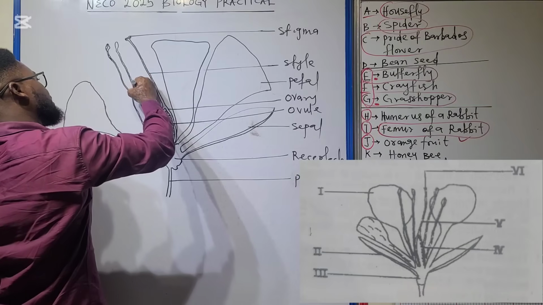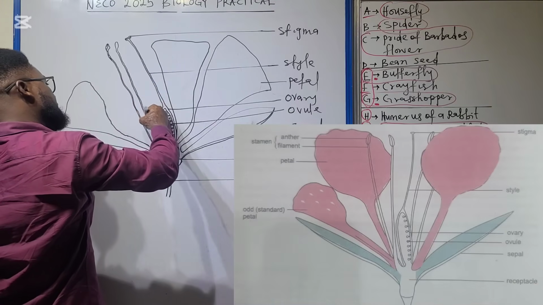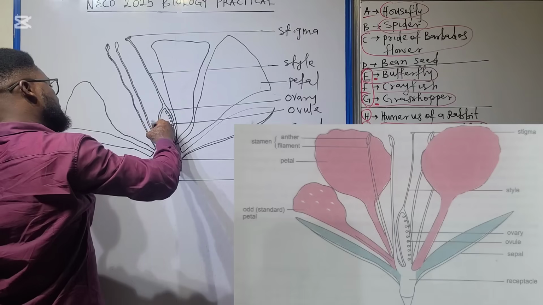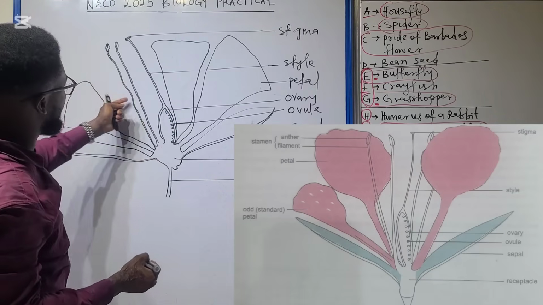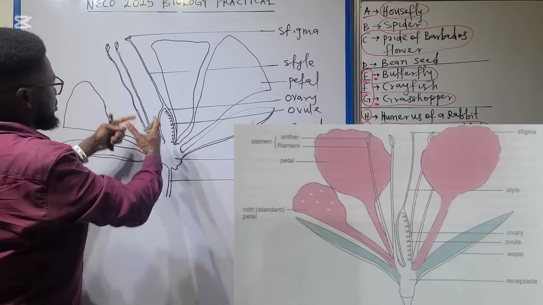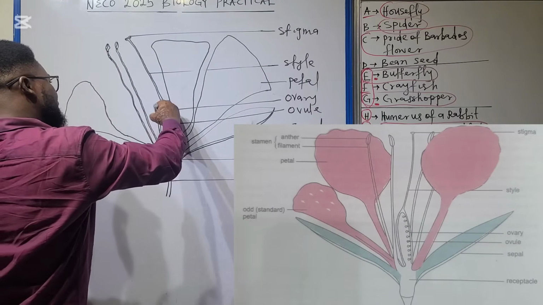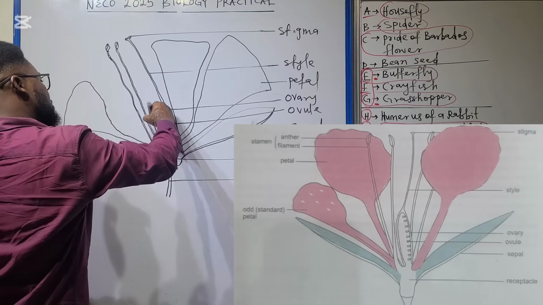It has to be totally slender. This is representing our filament. That's the male part of the flower. We're supposed to have about 10 different ones, so I could go here again.